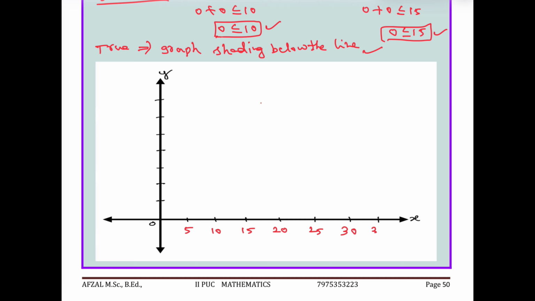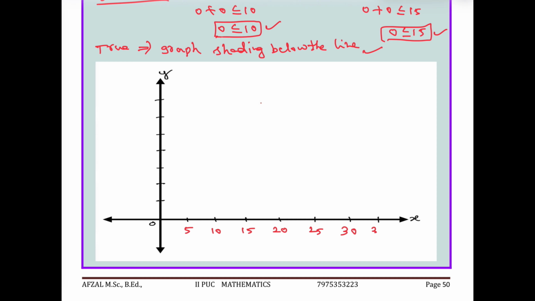Magnitude A is 1 square, magnitude B also 1 square, magnitude C also 1 square, plus 2, if you take common, A dot B plus B dot C plus C dot A equals 0. 1 square is 1, again 1 square is 1, again 1 square is 1, plus 2 into A dot B plus B dot C plus C dot A equals 0. 1 plus 1 plus 1 is 3 plus 2 into A dot B plus B dot C plus C dot A equals 0.